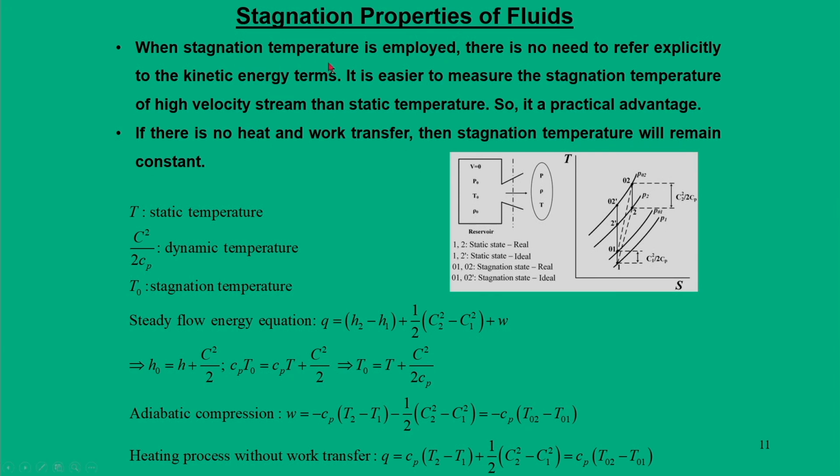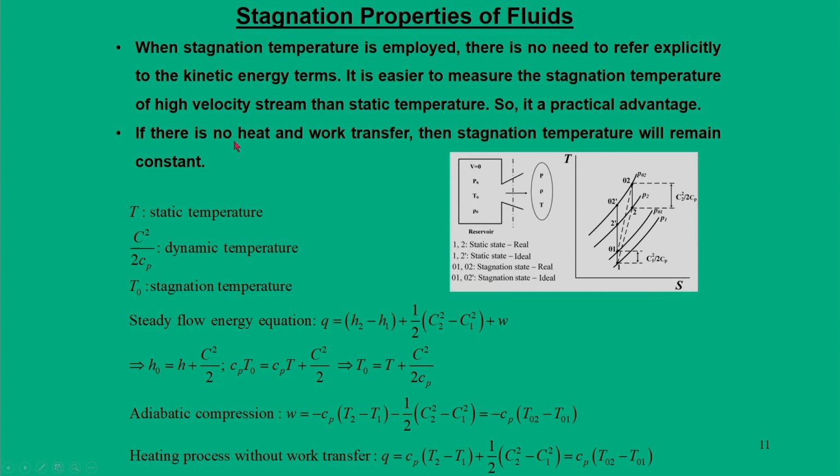When the stagnation temperature is employed, there is no need to refer explicitly to kinetic energy terms, because it is easier to measure the stagnation temperature of a high velocity stream than the static temperature. So, it is a practical advantage.